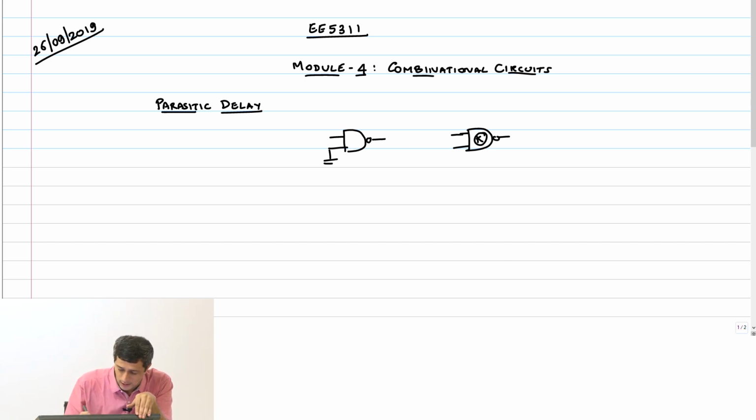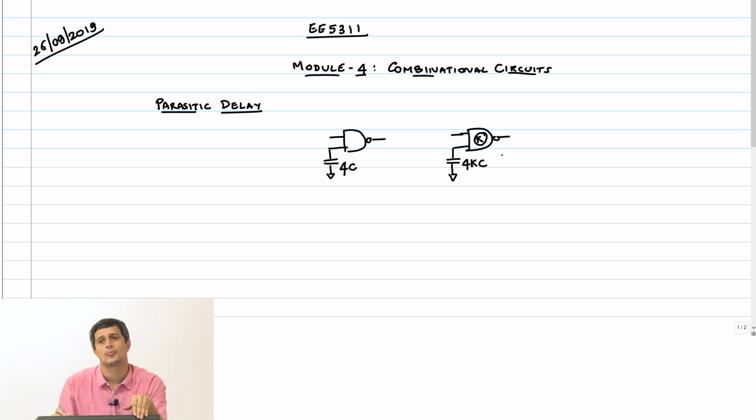It means that if the input capacitance of this unit NAND 2 is 4C, then the input capacitance of this NAND 2 is 4 into KC, and the resistance will drop, it will become R by K.